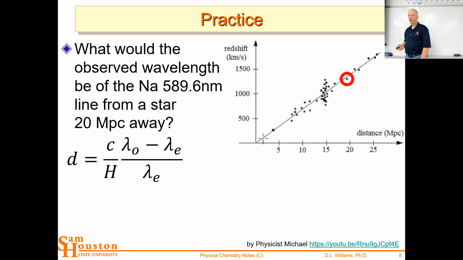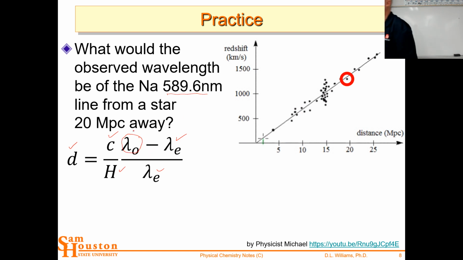Here we're given the distance, and we have the speed of light, we have the Hubble constant, we have the Earth wavelength of sodium, and this is what we want.